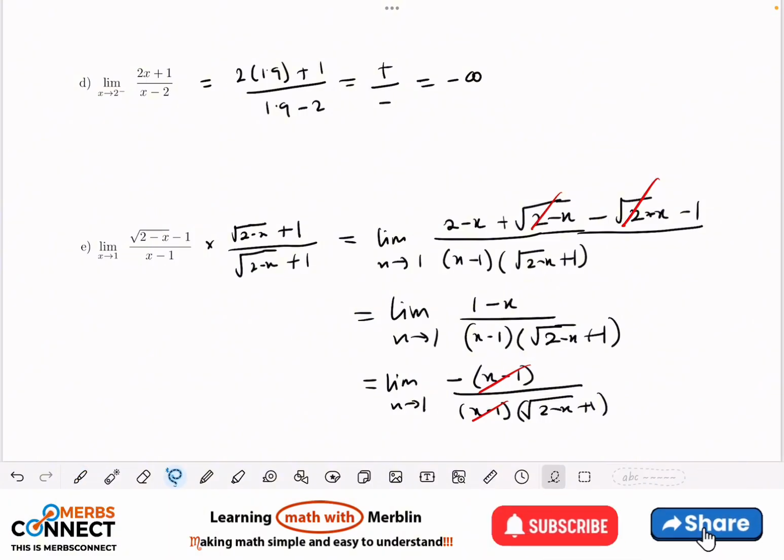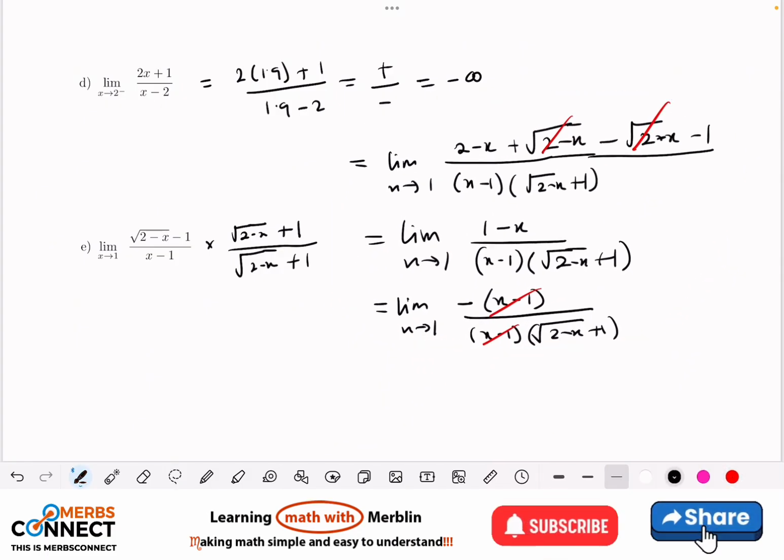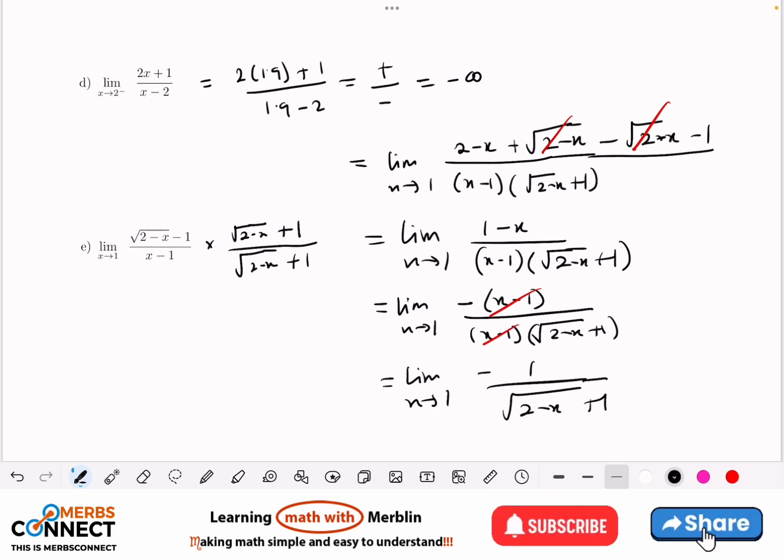So let me just move the solution up a little. I will not be able to move the question too, but let me move this one up here. So I'm going to have limit x approaching 1 of minus 1 divided by root of 2 minus x plus 1. So now I can plug in the 1, right?